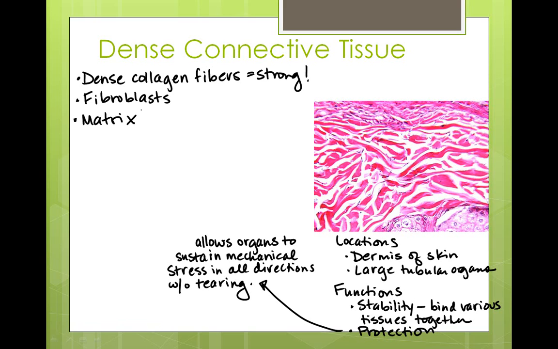Now, although the matrix is similar in dense and loose connective tissue, dense connective tissue differs from loose because in dense, the most abundant part is the collagen fibers.